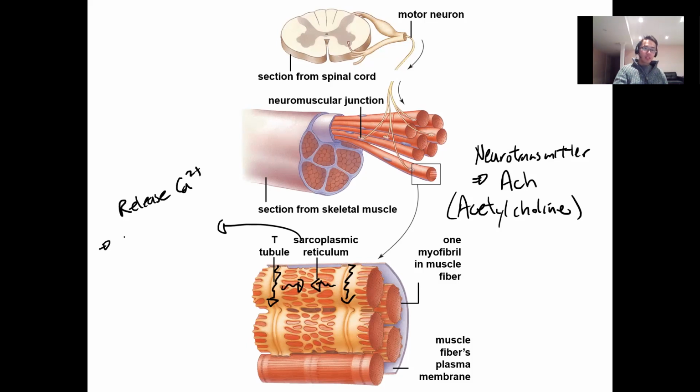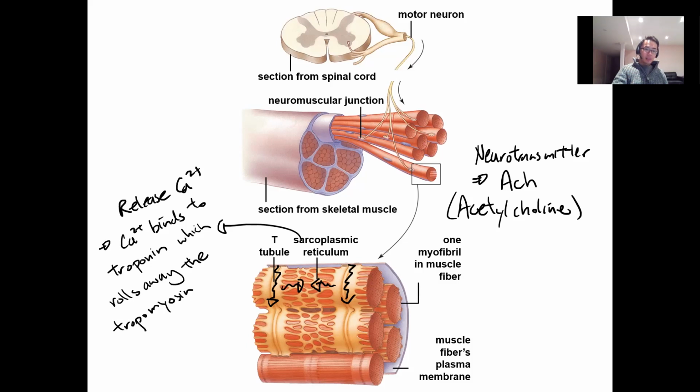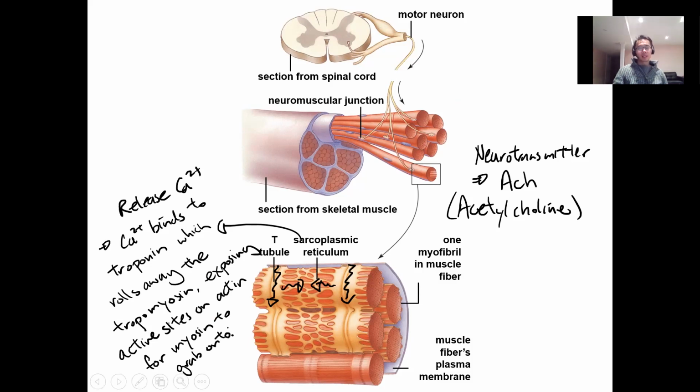And I'm just going to write out a few more steps for you. Calcium binds to troponin, which rolls away the tropomyosin, exposing active sites on actin for myosin to grab onto.